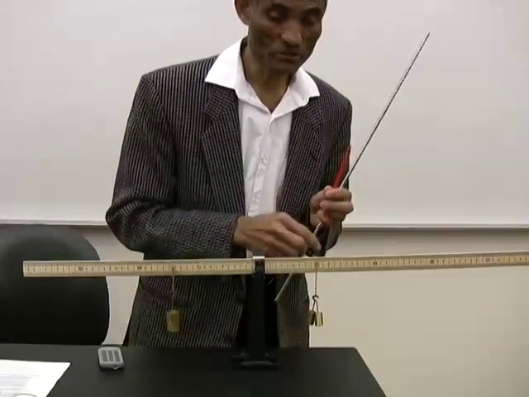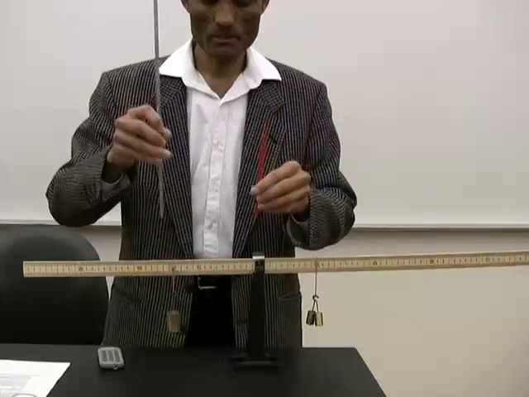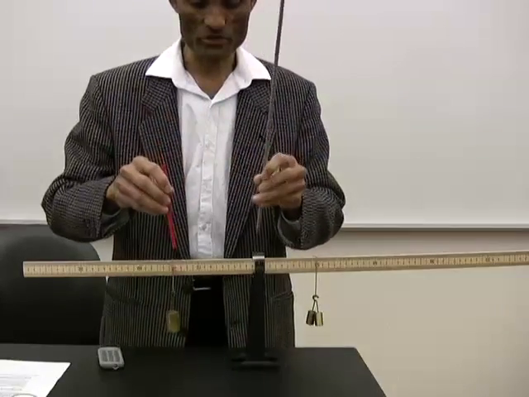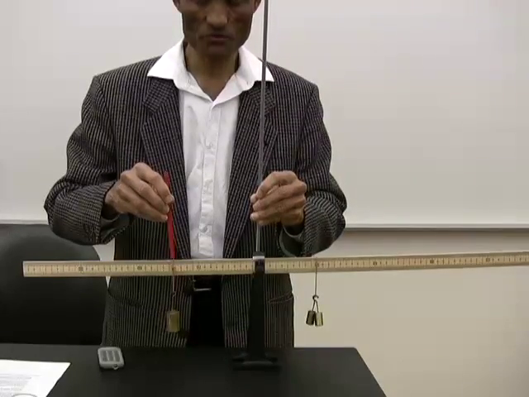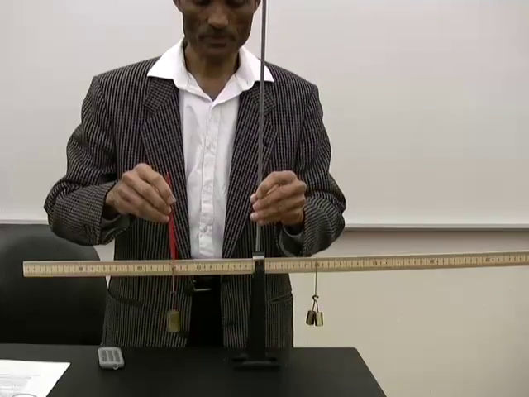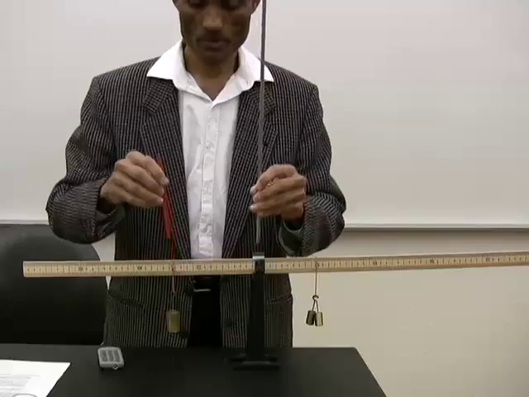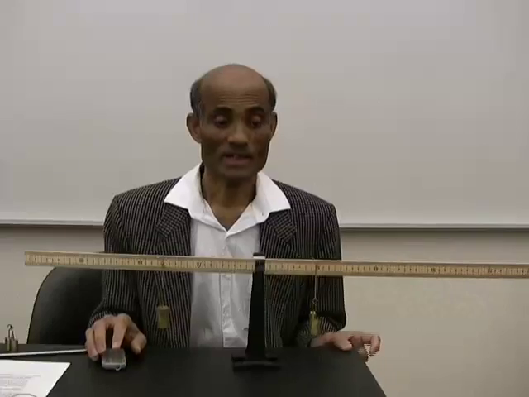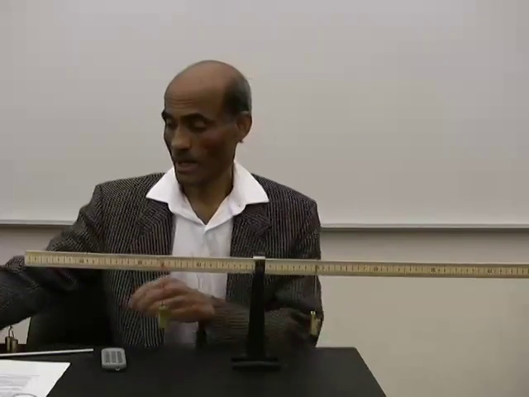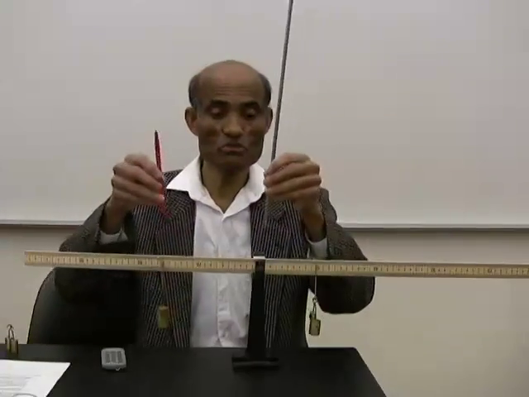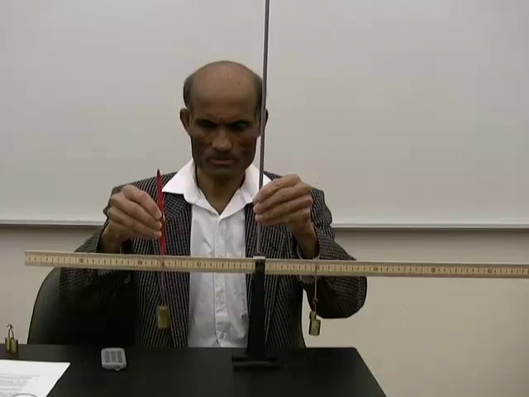Now the mass at the center of gravity is 40 gram, and measure the new X. Alright, measure this X when the mass is 40 gram. There you go. Alright, now the mass at the center of gravity is 60 gram, and measure the new X value.